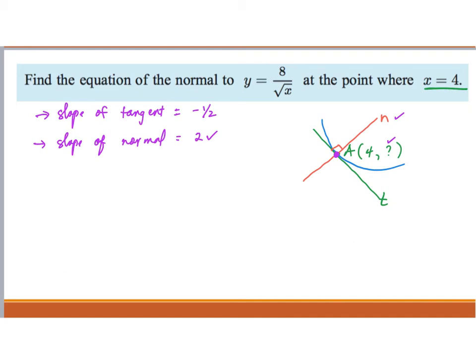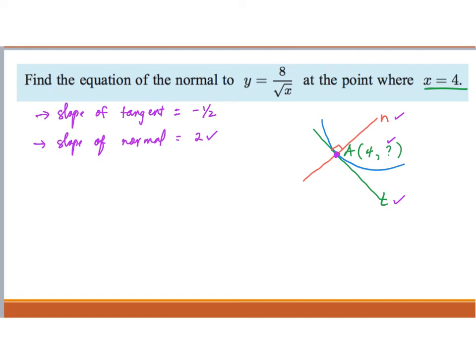Now the point A is on the normal line, which the equation of which we are trying to find. It is also on the tangent line, which we don't know the equation of, but it is also on the curve y is equal to 8 over root x.